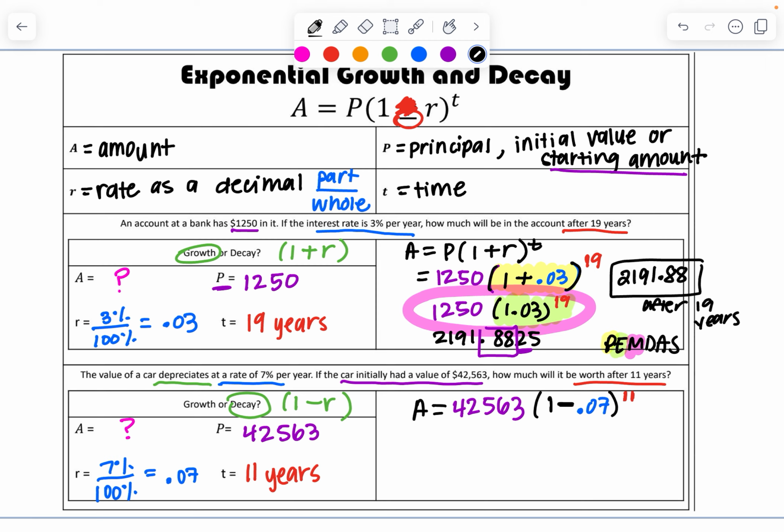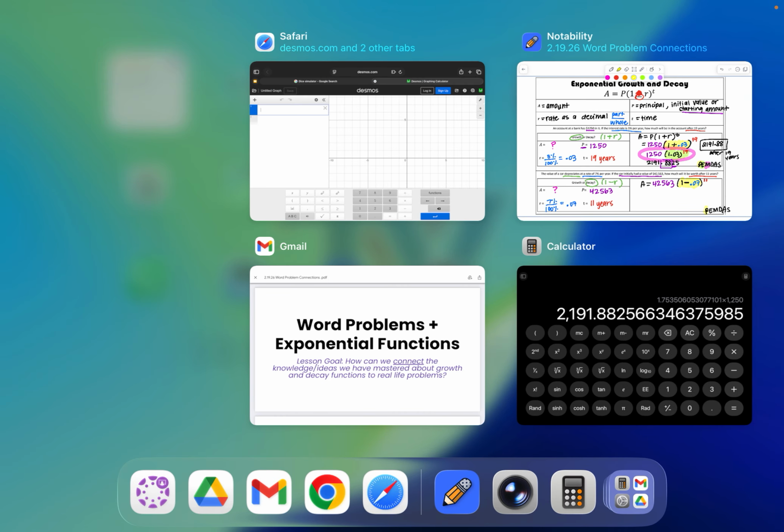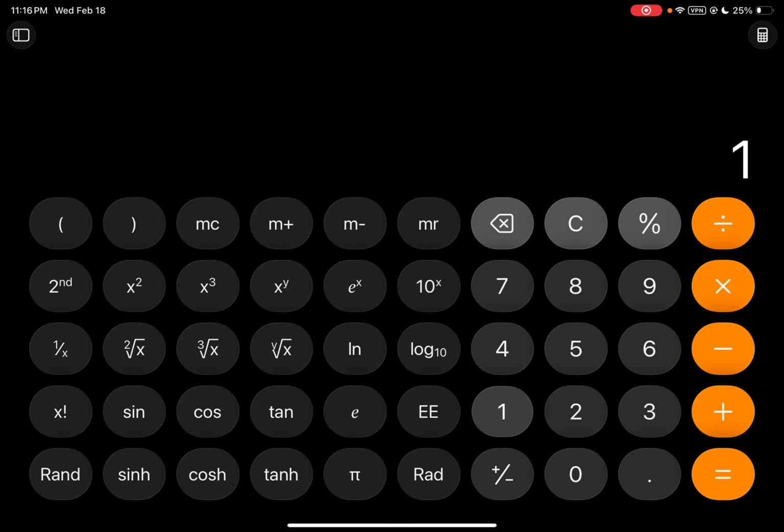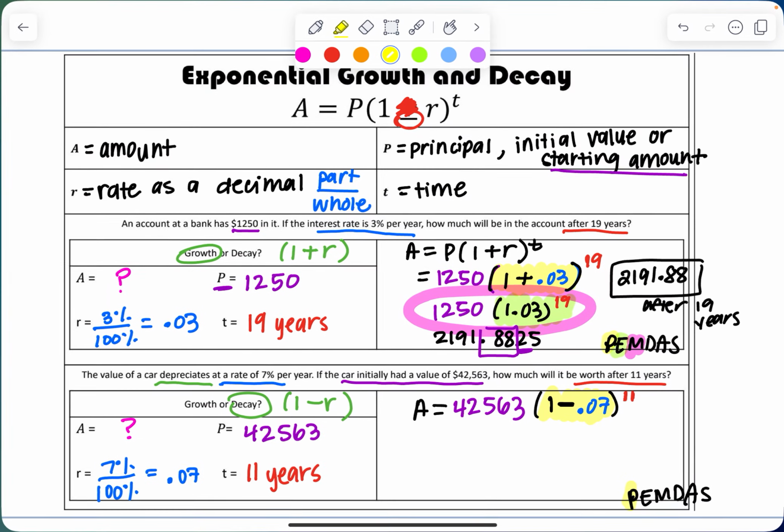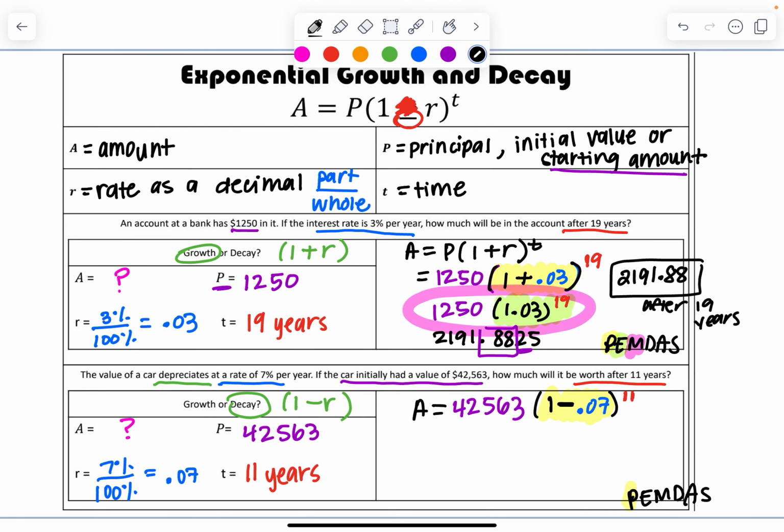Again, we're going to run it through PEMDAS, starting with the parentheses. We need to simplify 1 minus 0.07. 1 minus 0.07 gives me 0.93. That's my parentheses.